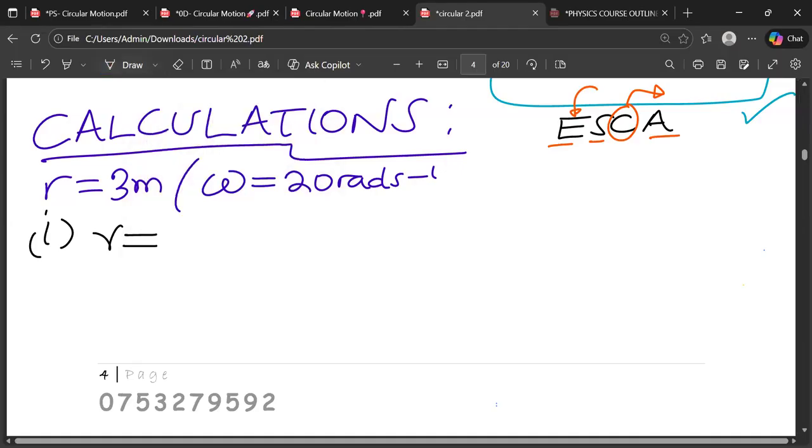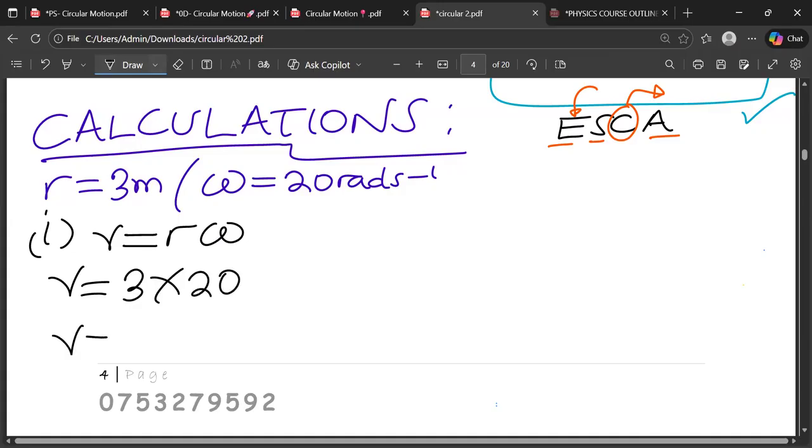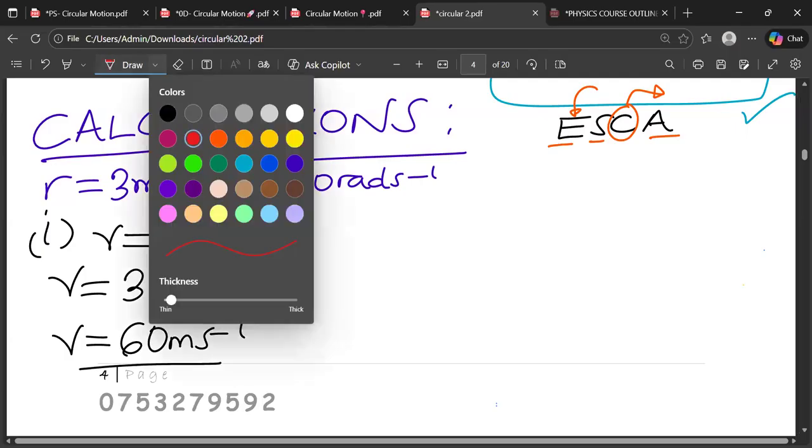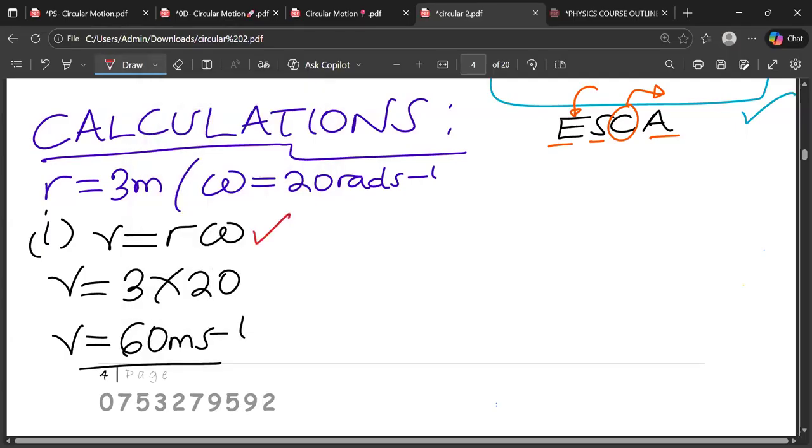So you substitute: V equals R omega, which is 3 times 20. Then you get your linear speed as 60 meters per second. Then how will they mark? They'll give you a mark for the expression, a mark for substitution, and then the answer.